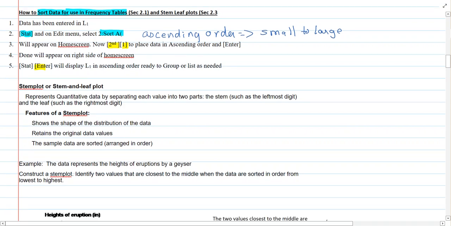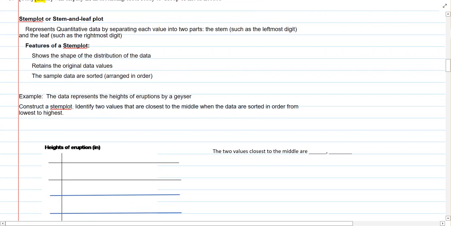So what we're getting ready to do is a stem plot, or a stem and leaf plot. This represents quantitative data by separating each value into two parts.